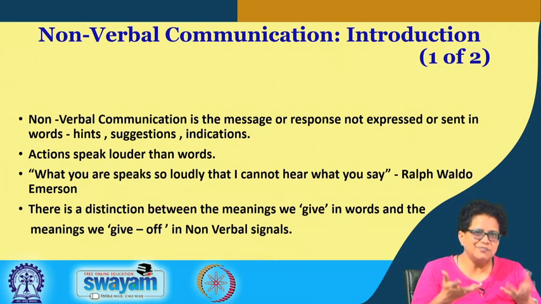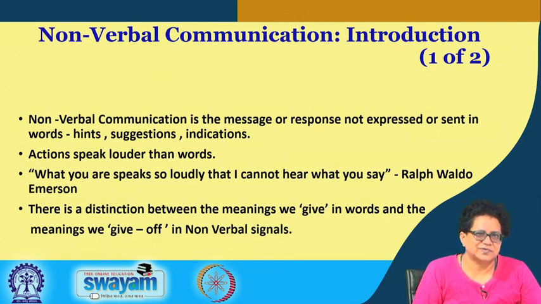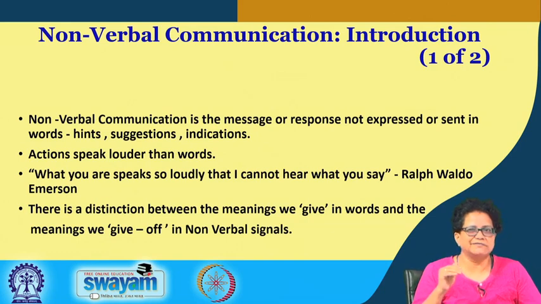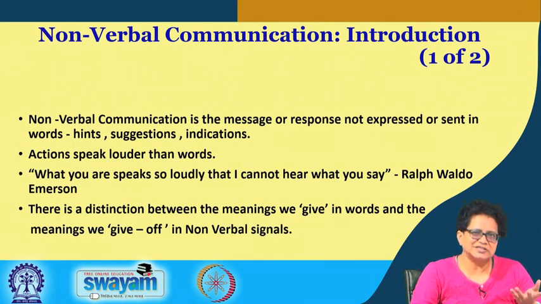We can give meaning to words, but we give off, and these are called nonverbal leakages. We may have control over language, but we have no control over nonverbal communication. We might try, but it is difficult to fake nonverbal communication. So, we reveal without our knowledge, without volition, without our awareness, meanings and messages when we communicate nonverbally.